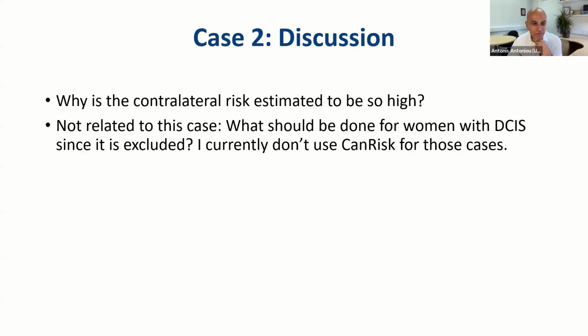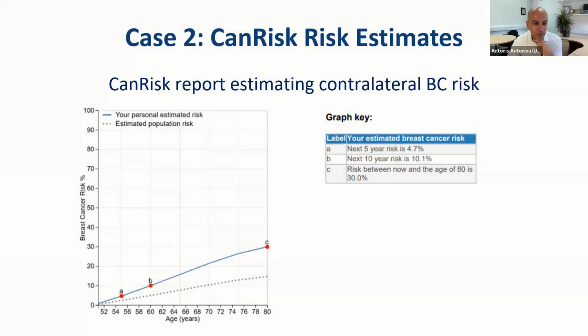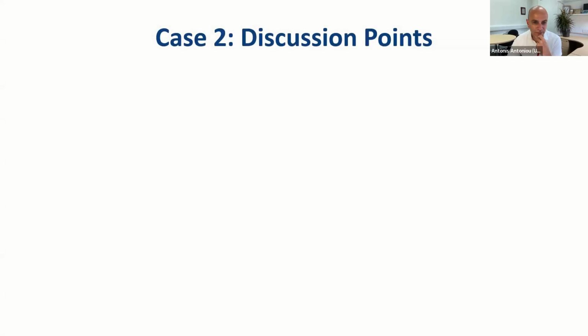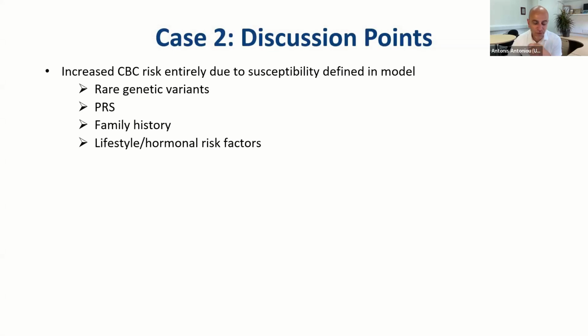Thank you, Elise. These are really great questions, and questions that we get a lot on the help desk as well. I think it's also important that we clarify a couple of things on how we interpret the risk. So I'm going to proceed the slides because I've got a couple of discussion points. One thing to clarify: when we calculate contralateral breast cancer risk in CanRisk, we only consider the risk to be influenced by the risk factors already in the model.